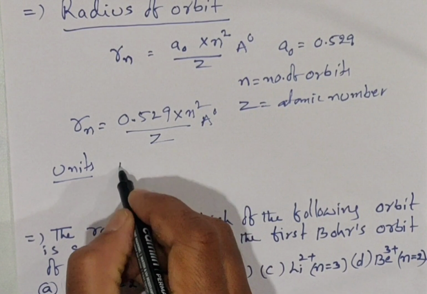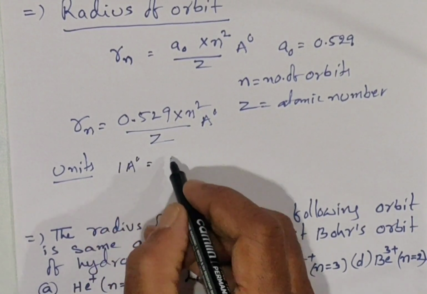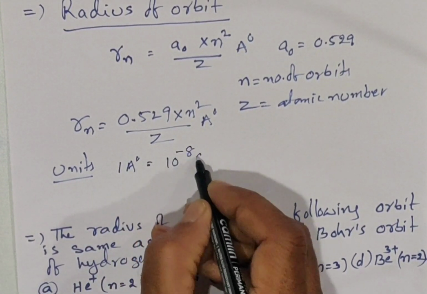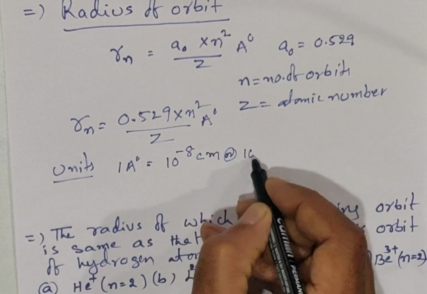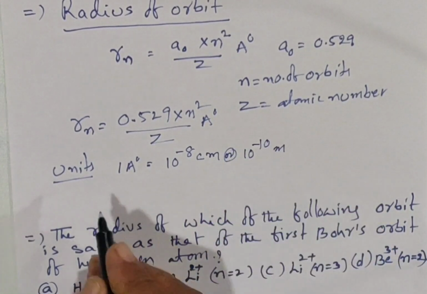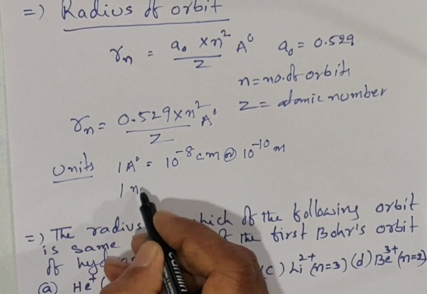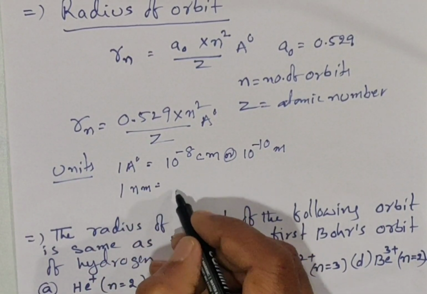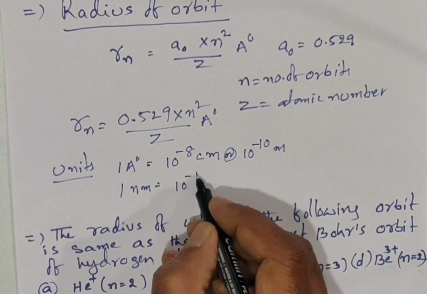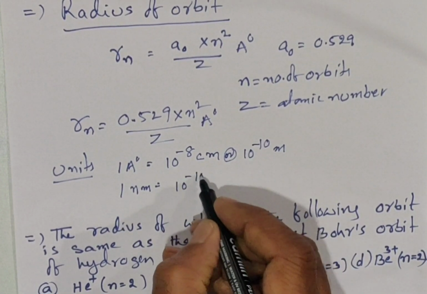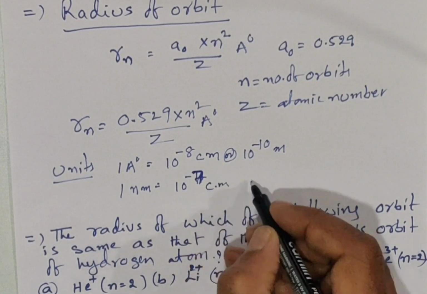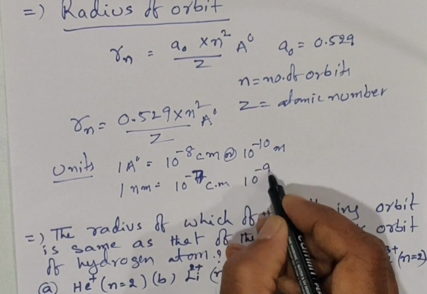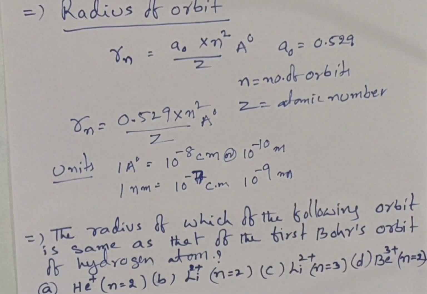Now 1 angstrom is equal to 10 power minus 8 centimeters or 10 power minus 10 meters. And 1 nanometer is equal to 10 power minus 7 centimeters or 10 power minus 9 meters.